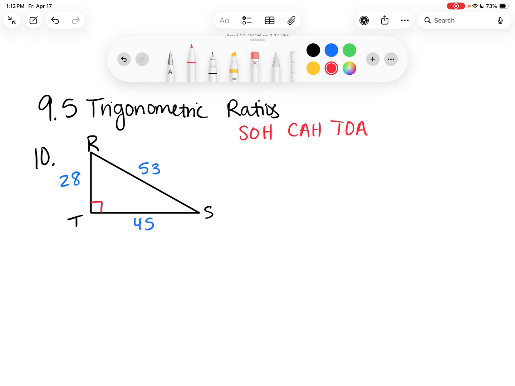Sine is opposite over hypotenuse. Cosine is adjacent over hypotenuse. And then tangent is opposite over adjacent.